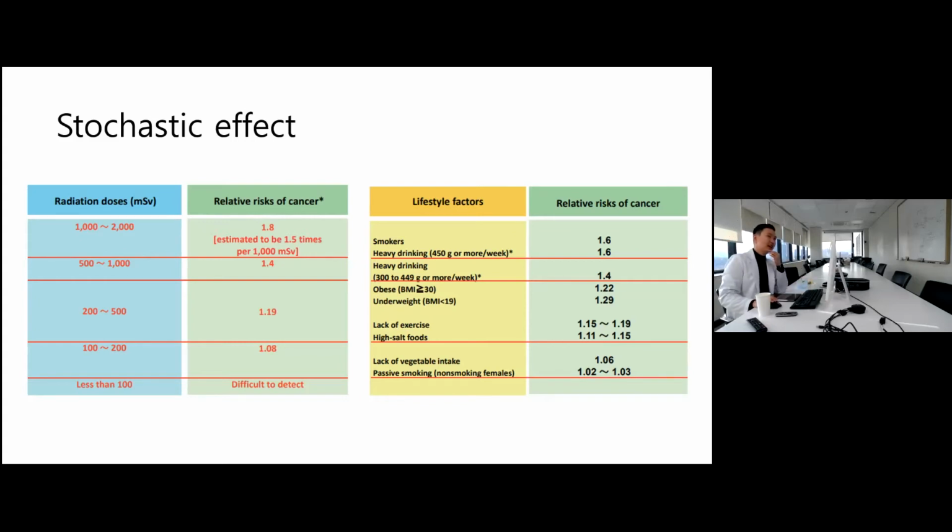So for our radiation workers, we give a safety margin of effective dose to be below 100 millisievert in 5 years, and in 1 year the limit is 50 millisievert, according to such studies.